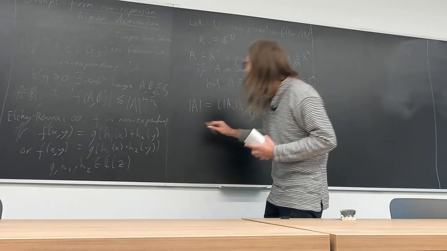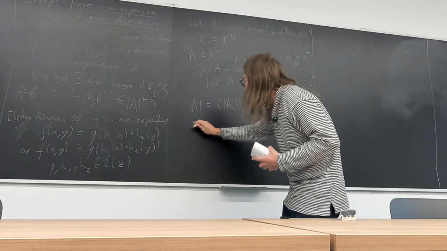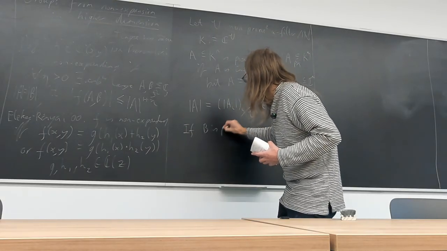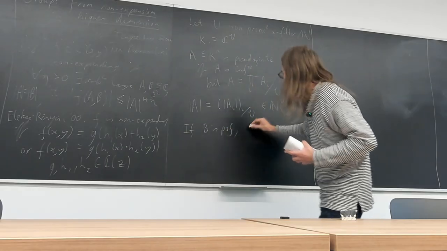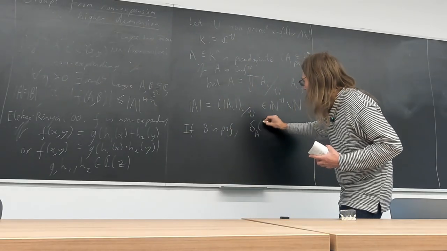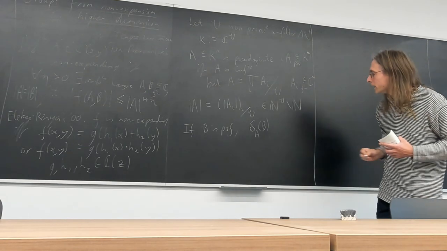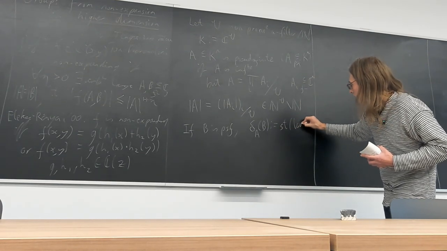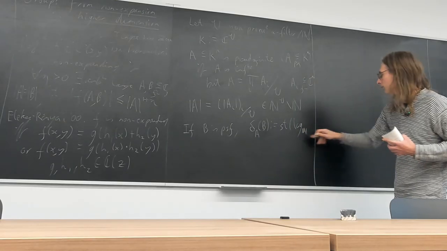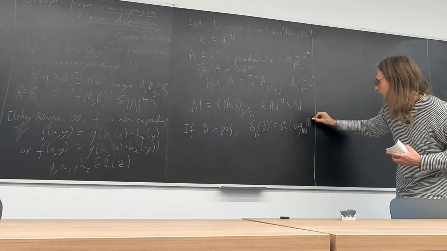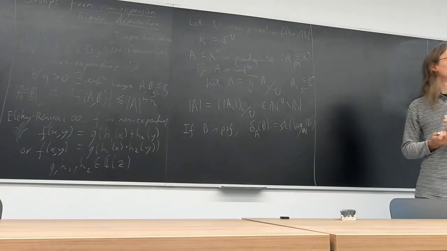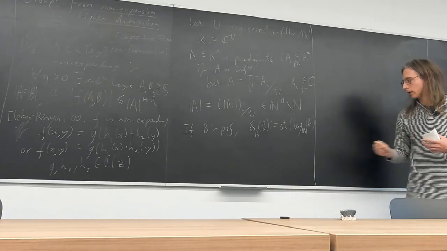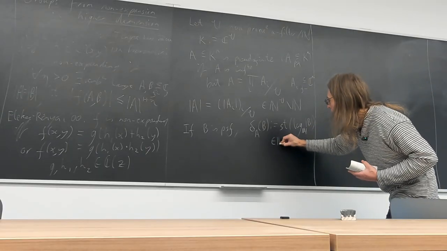Okay, and then I really want to get at these exponents, so I'm going to make one more definition. If B is another pseudo-finite set, let's define delta with base A of B to be the standard part of the log with base the cardinality of A of the cardinality of B. Standard part is the closest real to this non-standard real, if it exists, or infinity if it's too big.